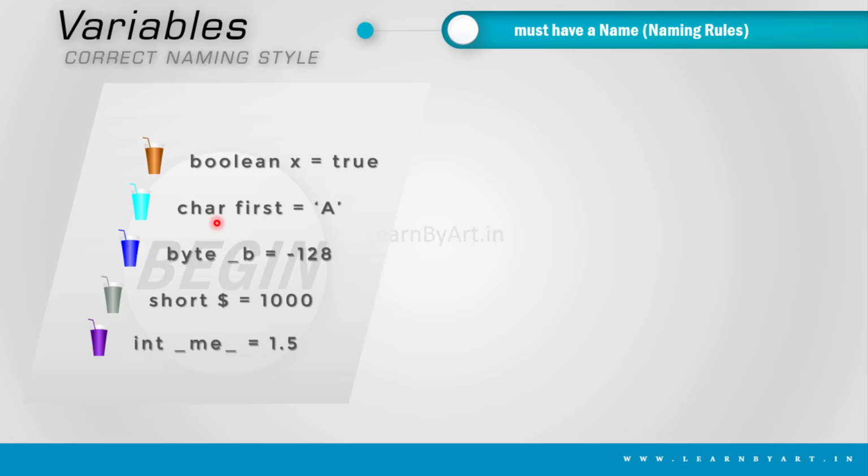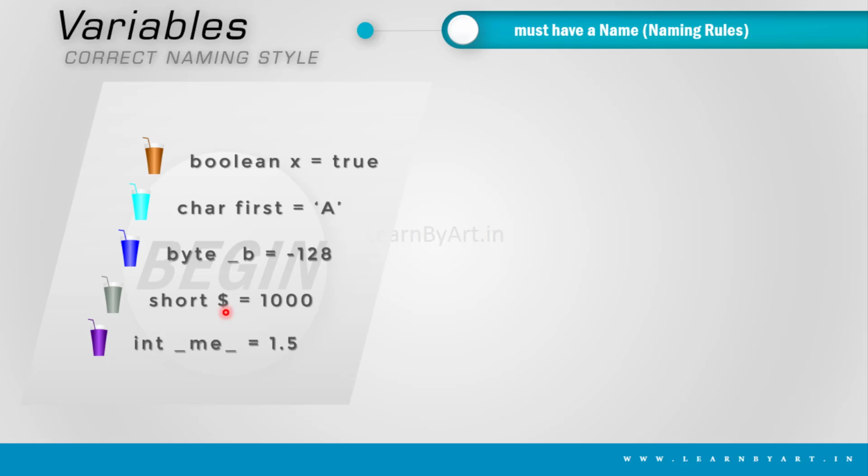Okay, so the type is char, the name is first, and the value is capital A. Now you can also store a negative number inside any of the numerical variables, since signed integer is also allowed in Java. Signed means you can go for positive as well as you can go for negative, and here we are using short as a data type.